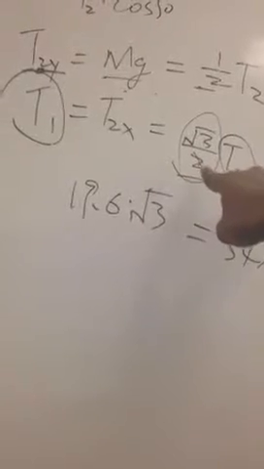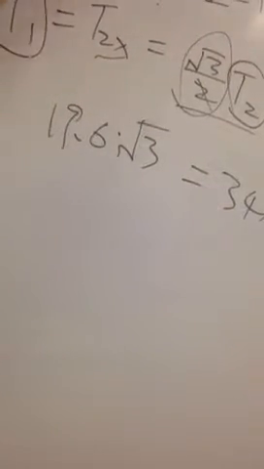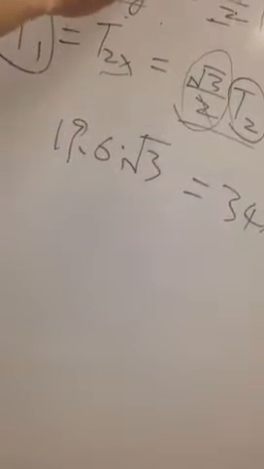T1 equals T2x, and T2x is square root of 3 over 2. T2x is T2 cosine 30 degrees, right? Yeah, but cosine of 30 degrees is square root of 3 over 2.